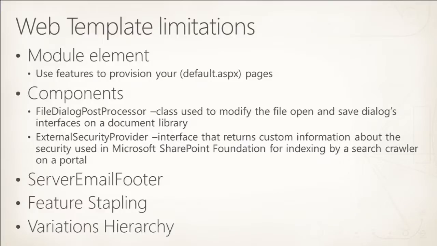But the main reason for us to use feature stapling is because we can't modify the site definition after sites have been created based on them, or to actually add features to the out-of-the-box site definitions. In this case, we don't need that. We can simply modify the web template and add more features to it after, whenever we want, basically, even after sites have been created based on it. So we don't really need feature stapling if we are using web templates. So it's a little bit of a limitation, but not really.